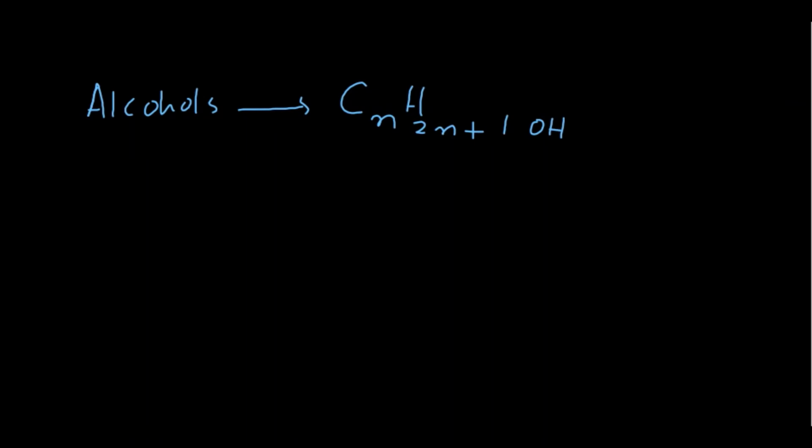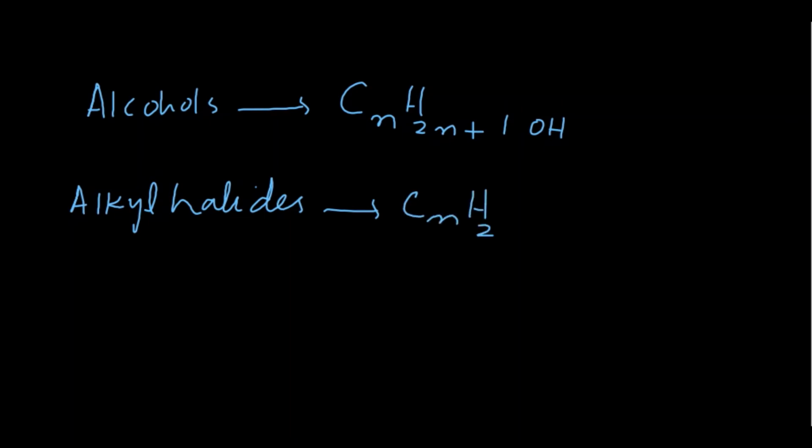For alkyl halides, we use the general formula CnH2n+1X. X is the halogen atom, right students, where n is the number of carbon atoms. Students, I hope the concept of homologous series is clear to you.